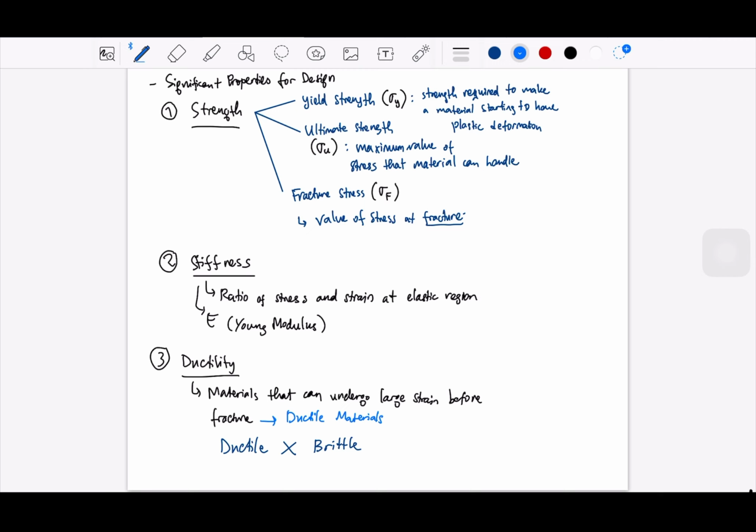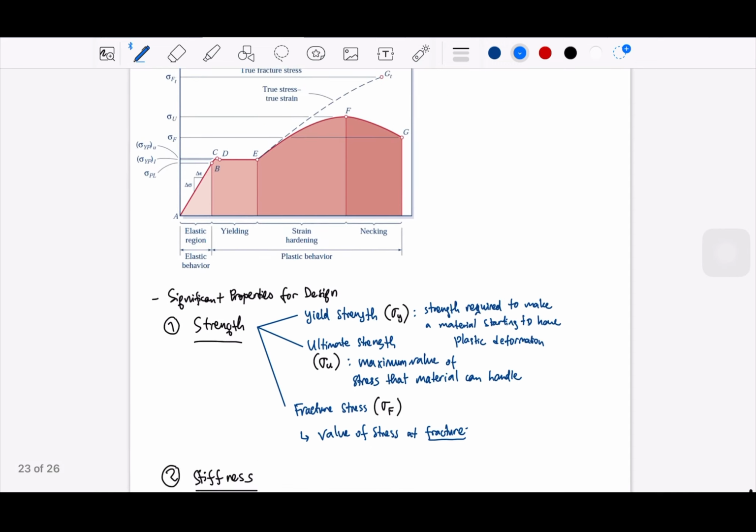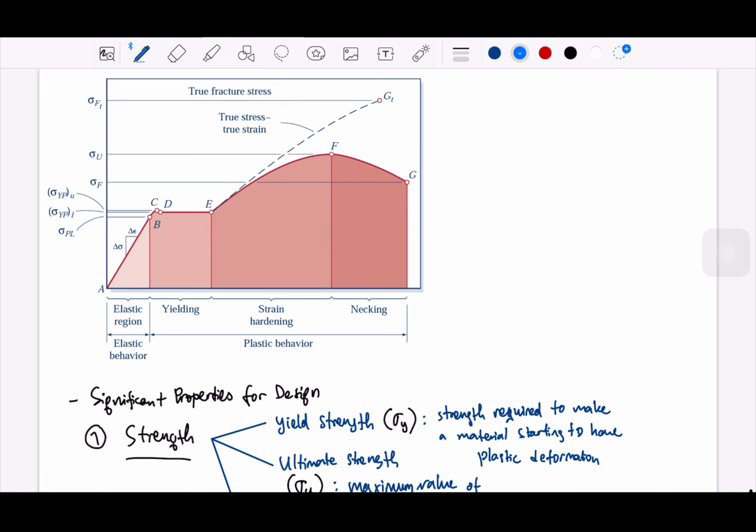So I hope, if you really want to pursue your study or career related to material science, the stress strain behavior, this one here, will be really essential.